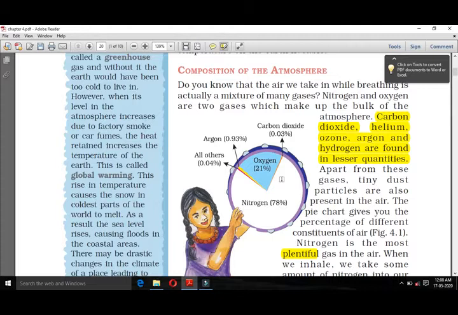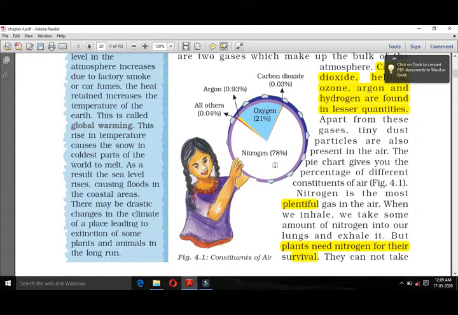So besides these two big gases, we find carbon dioxide, helium, ozone, argon, and hydrogen in lesser quantities and amounts. Nitrogen is the most plentiful gas in the atmosphere. It takes 78%.